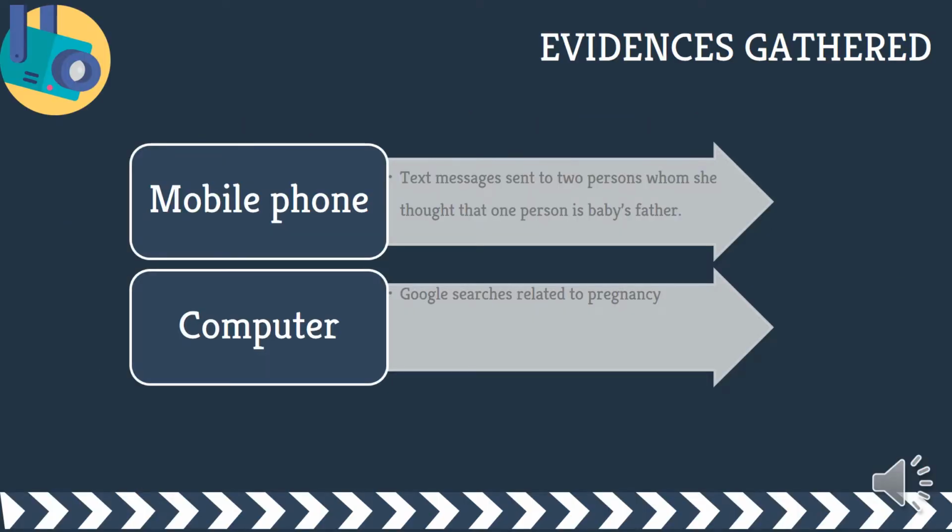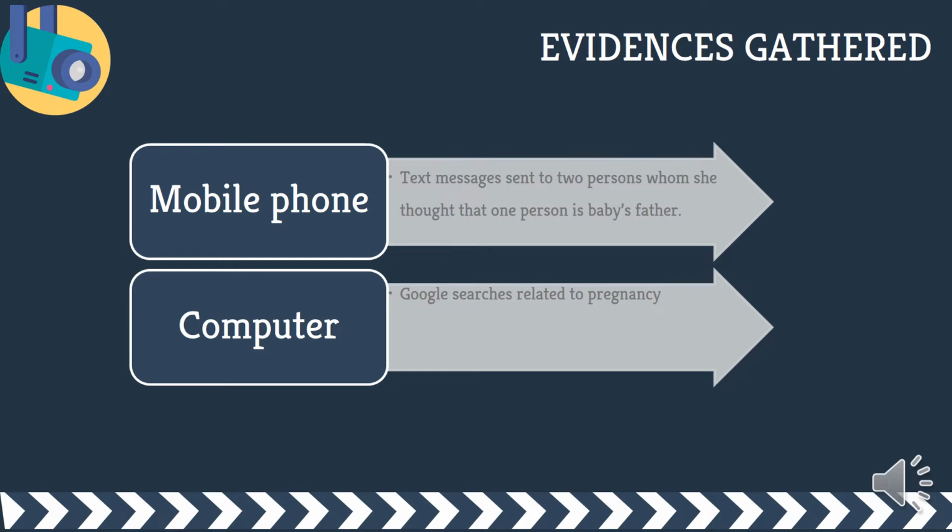From the house search, the major evidence that police have are the mobile phone and computer of Mikaela Moon. From performing the digital investigation, the forensic team found out that she had texted two of her male friends, whom she thinks one could be her baby's father.